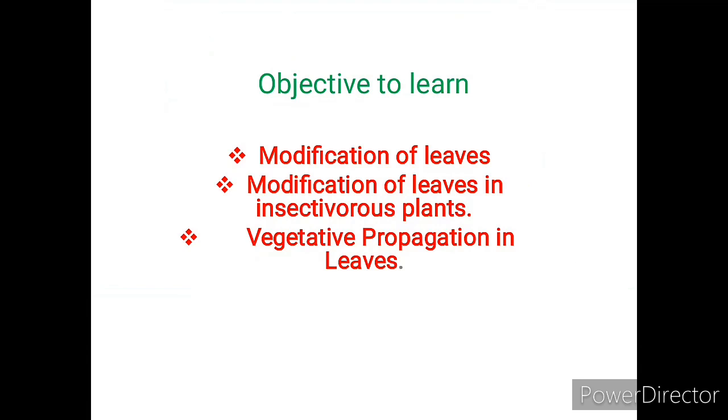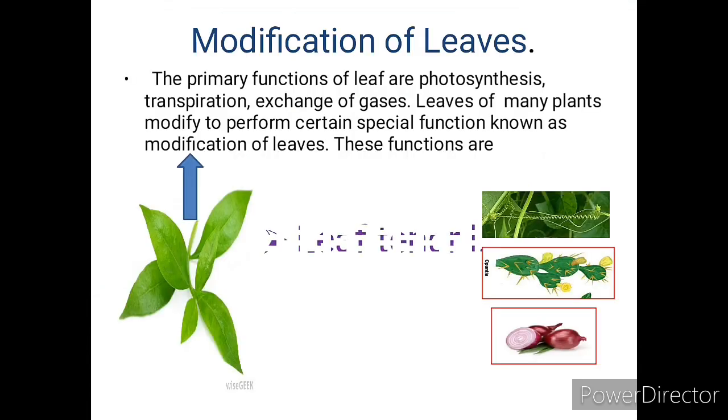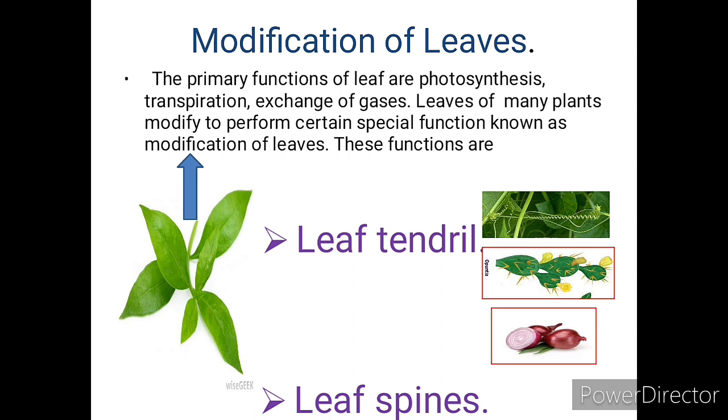Today in this video we will be discussing the modification of leaves, modification of leaves in insectivorous plants and vegetative propagation in leaves. As we have learnt, the main function of leaves is to manufacture food.